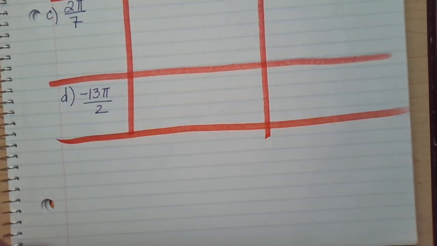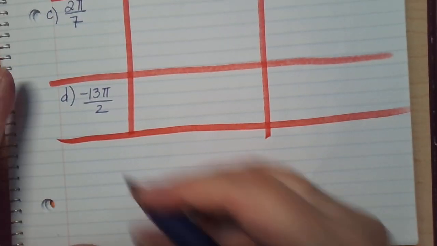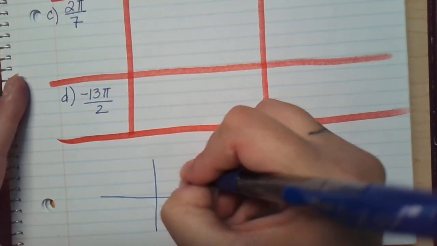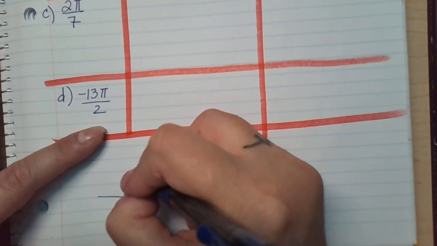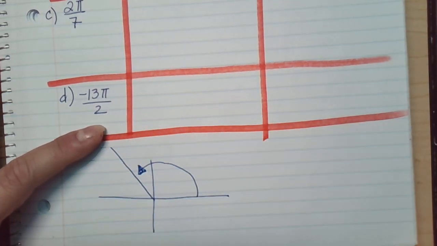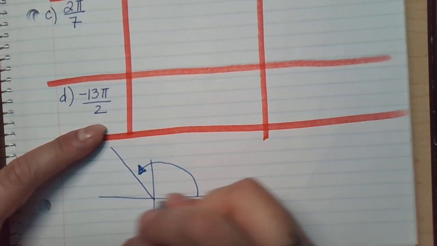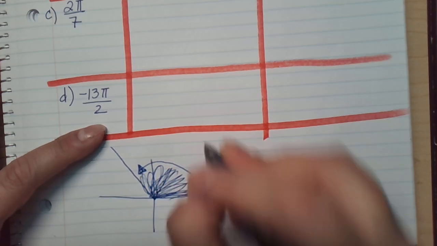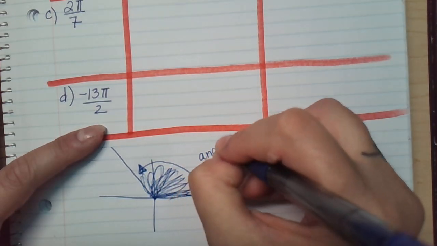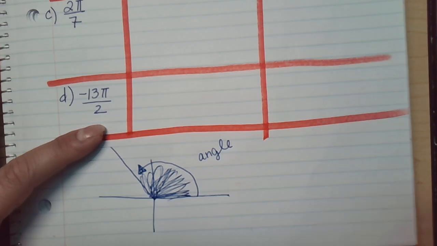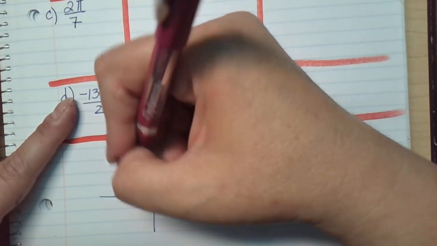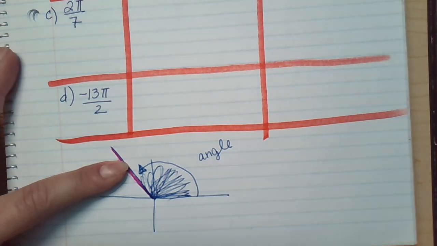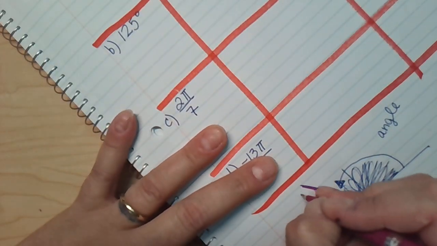Coterminal means you draw your first angle. Let's say from here to here is my first angle that they give us. This line that we drew is going to become the hypotenuse of a triangle. Either way, this line is called the terminal side.